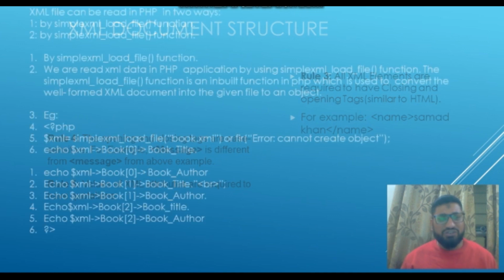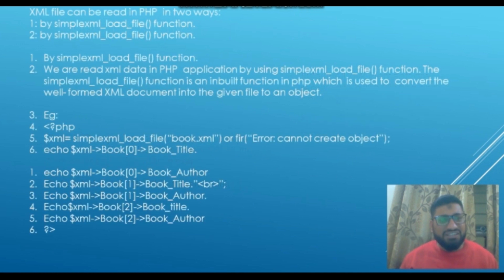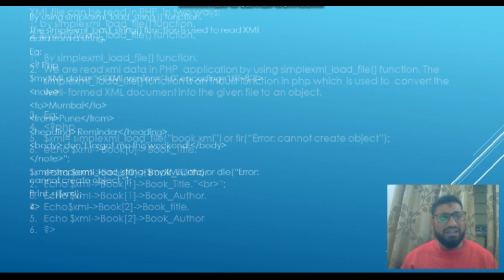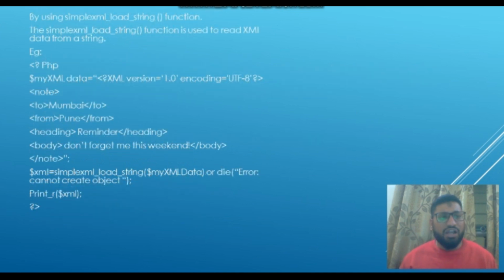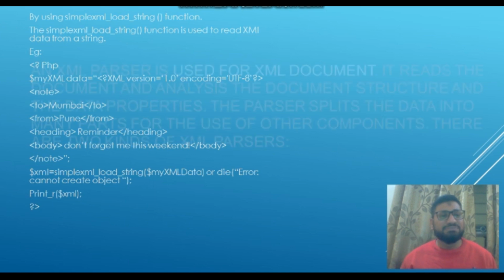Again we have seen 2 ways in which an XML file can be read in PHP by using 2 functions, simplexml_load_file and simplexml_load_string. We have seen examples of these 2. Students, make sure that you execute these examples in your practical lab.